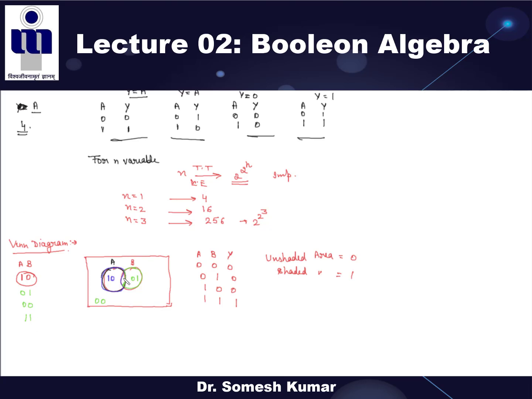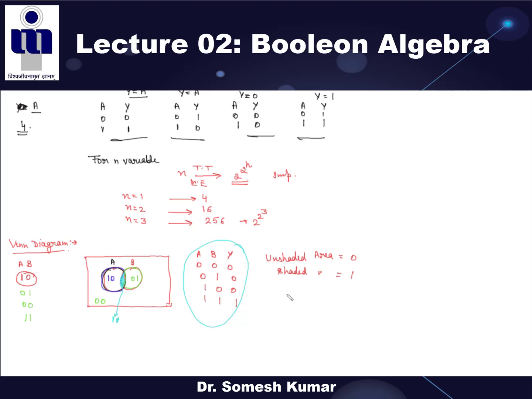So this is your one portion, or this shaded portion, right? This shaded portion is your what? 1 1, right? And you know the unshaded area is 0 and the shaded area is 1, right? So this is the way to represent these truth tables in the form of a Venn diagram.